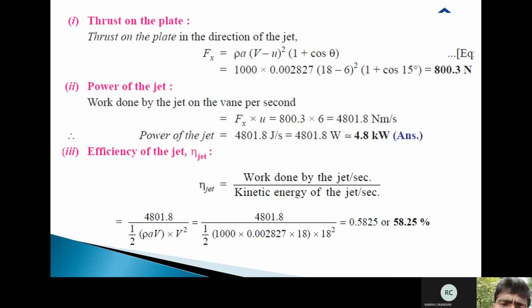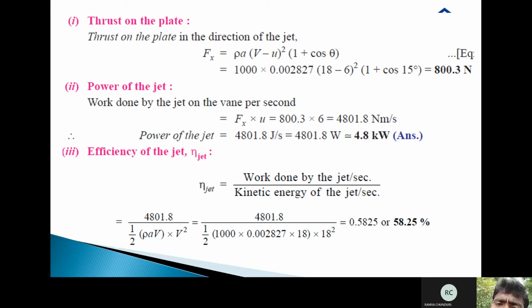First, to calculate the thrust on the plate in the direction of the jet, which equals F_x. F_x equals the curved plate equation, ρa(v − u)²(1 + cos θ). This value was derived in the derivation. Here, ρ is the density of water, which is 1000, the standard value.